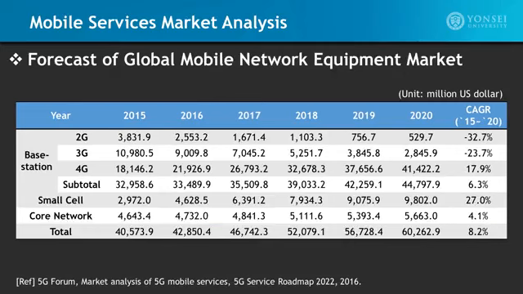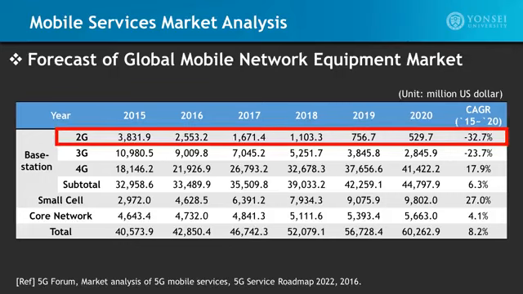Then, let's now look into network equipment for mobile communications. First, looking at the base station technology of 2G. You can see that the percentage of minus 32.7 means that 2G technology will have less and less investment such that the market will grow smaller.